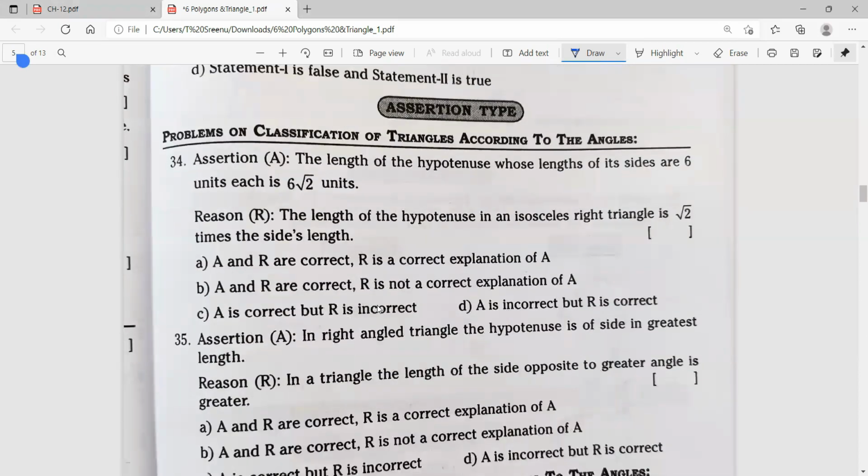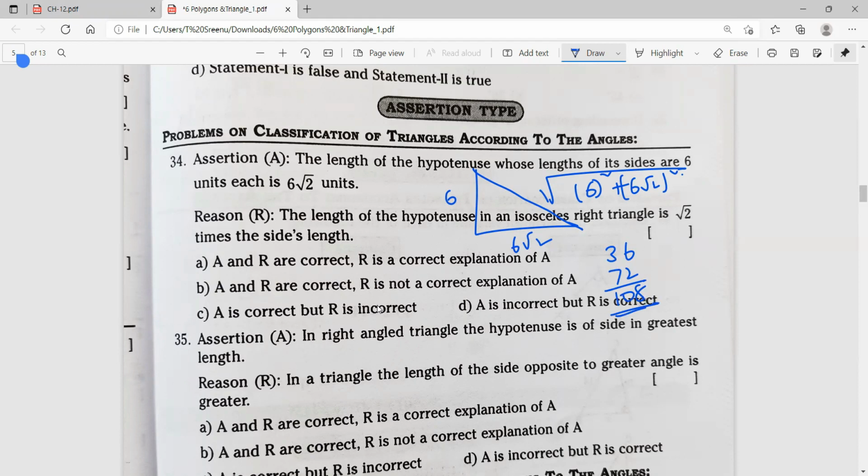Next, the length of the hypotenuse whose sides are 6 and 6 root 2. So let us take a right angle triangle here. So 6 and 6 root 2. We will take under root 6 square plus 6 root 2 whole square. Okay, 6 square is 36, 36 plus 72, 108, under root 108.